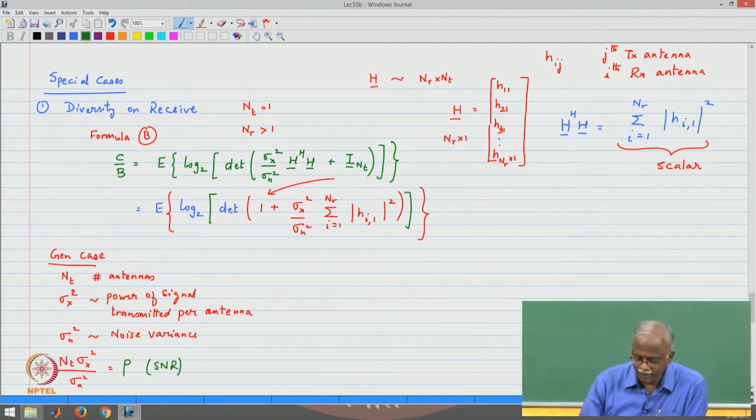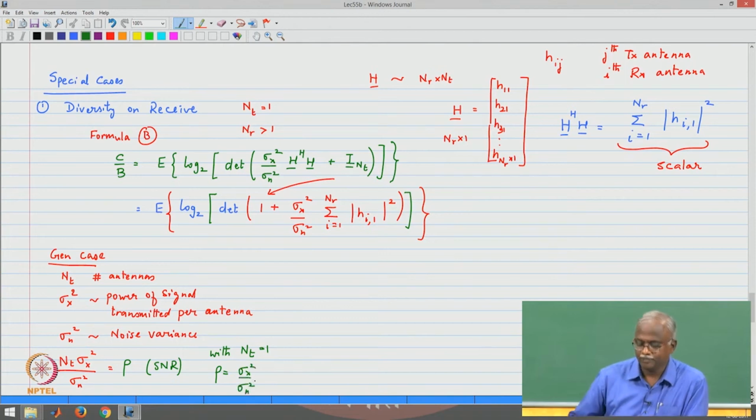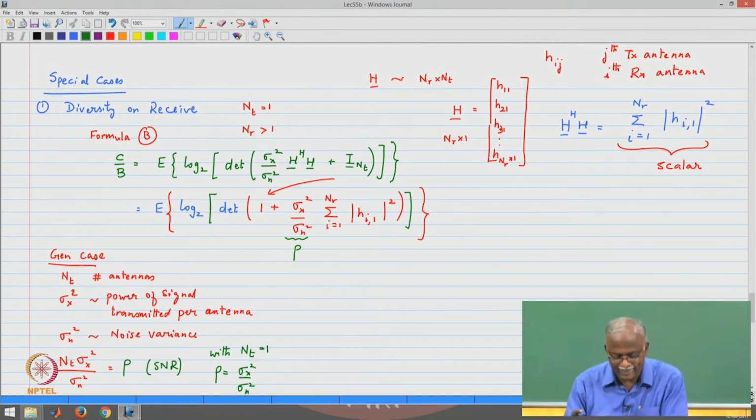Okay. Now, in our case NT happens to be equal to 1. So, with NT equal to 1, rho is equal to sigma x squared by sigma n squared. Okay. So, this parameter is nothing but rho, and it is very important for us to be able to characterize this expression. So, we will write it in the following form.